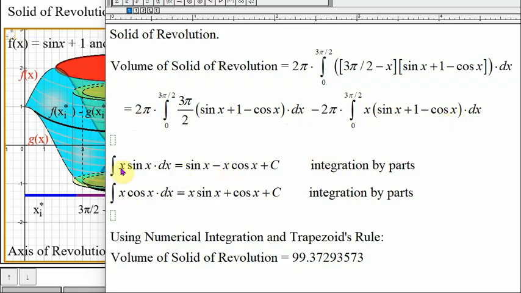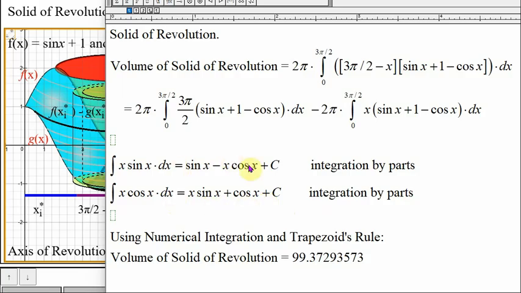For the integral of x times sine of x, we have to use integration by parts, and it's going to be sine of x minus x cosine of x. And for x cosine of x, again we use integration by parts, and it's going to be x sine x plus cosine of x.